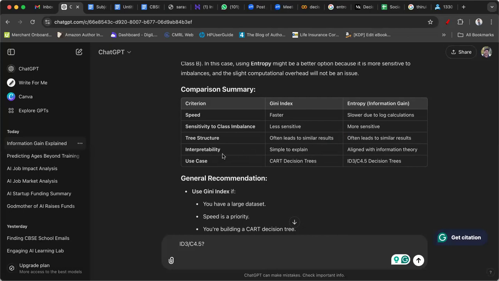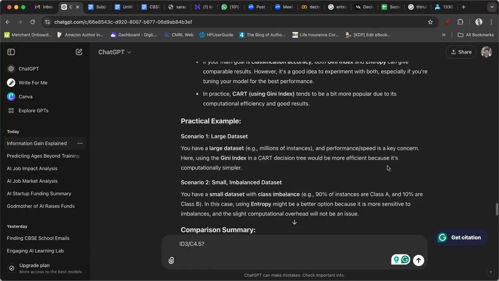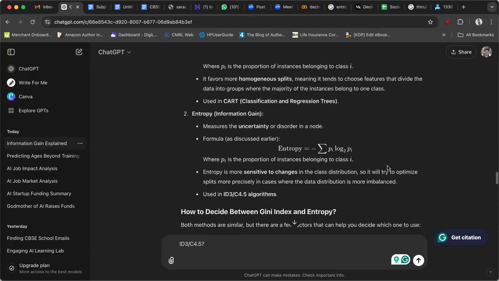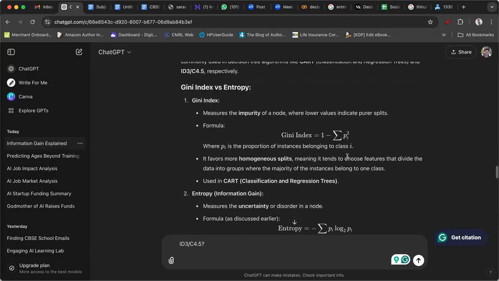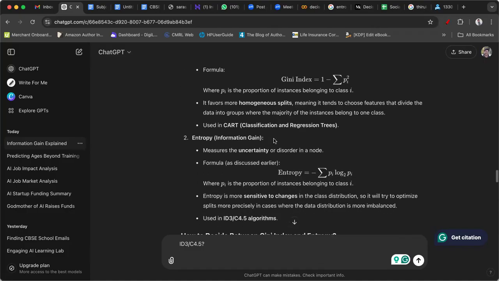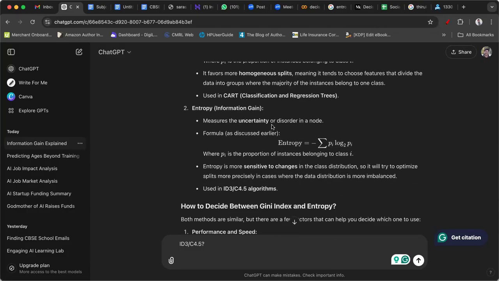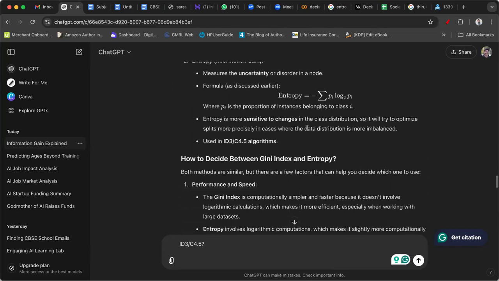Interpretability is simple to explain and aligned with information theory. Yes, information gain, and this is often used in regression and classification decision trees. Entropy is uncertainty or disorder in a node.